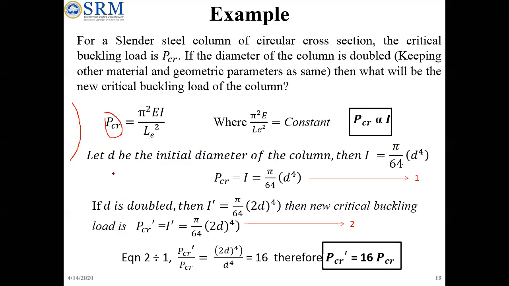Okay. And they have taken D as the initial diameter. The condition is given as D for the old and 2D for the new. So for the ratio, just substitute the I value, pi by 64 into D to the power 4 is 1, and pi by 64 into 2D to the power 4.